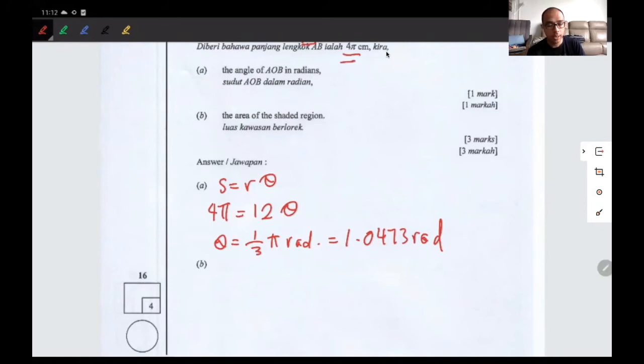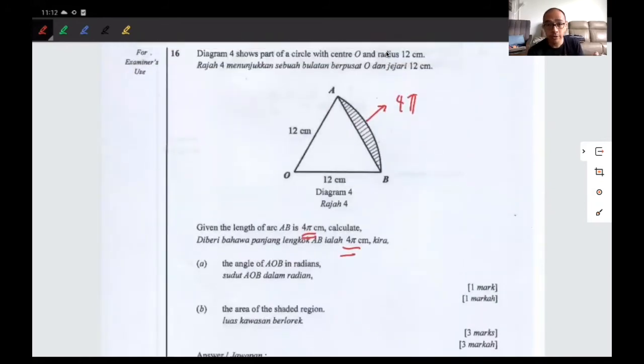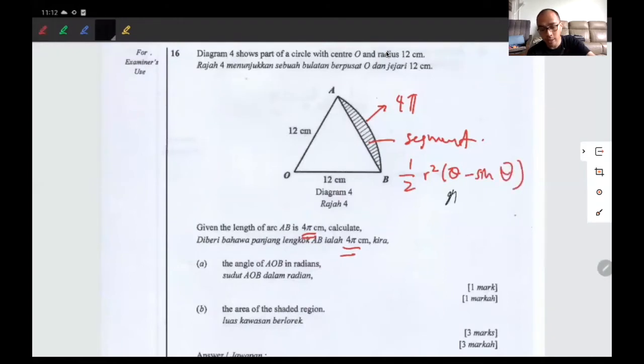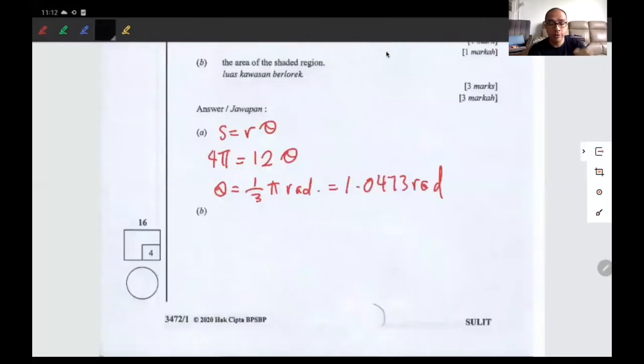Okay. Now the area of the shaded region. The area, if you remember, this is called the area of segment. Okay, the area of segment is 1 over 2 r squared theta minus sine theta. Except that this one is in radian and this one is in degrees. Okay, so the angle in radian is given as 1 over 3 pi.